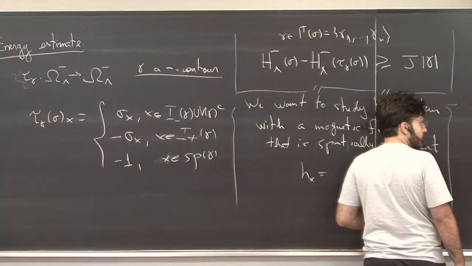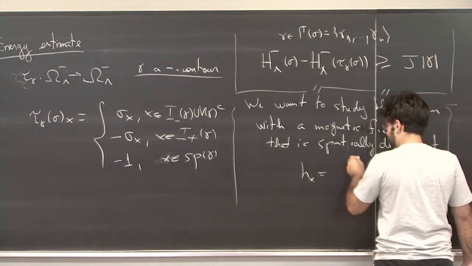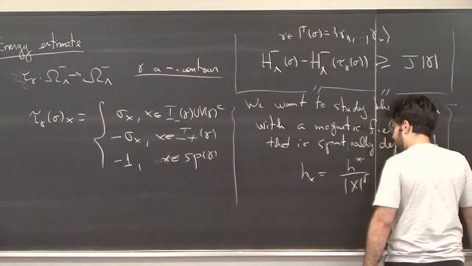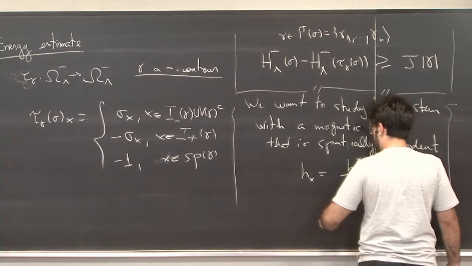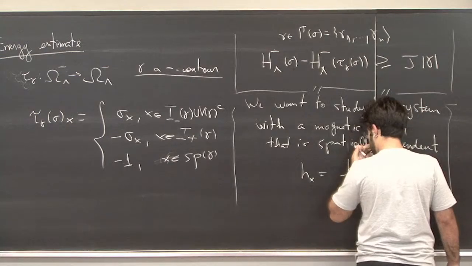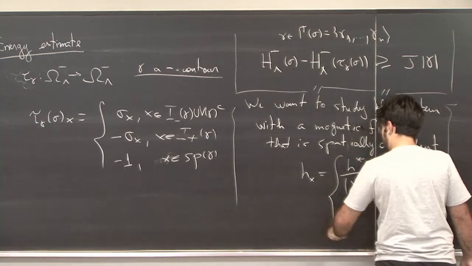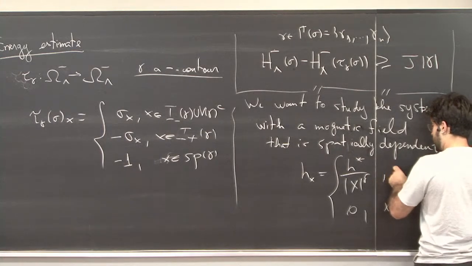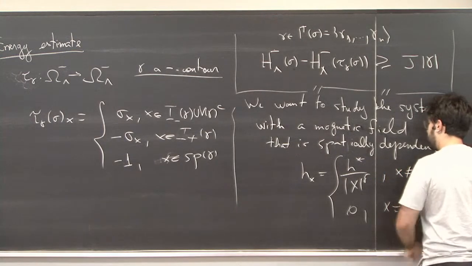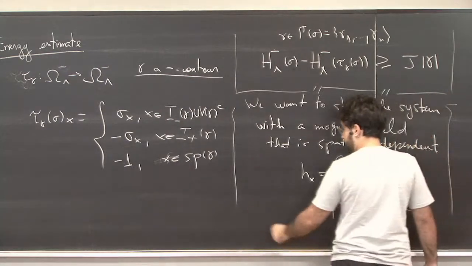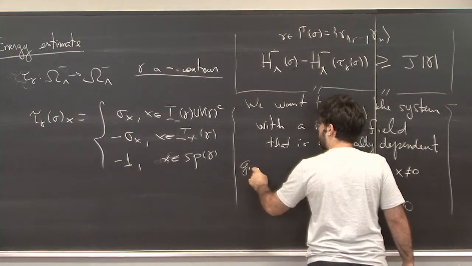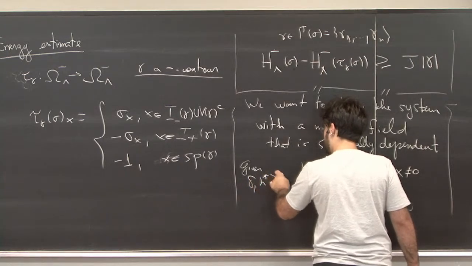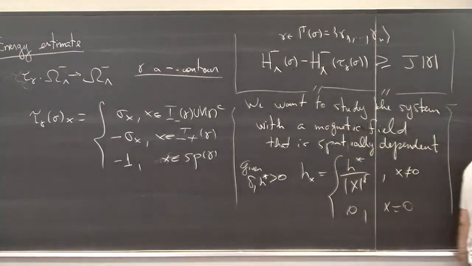It's a magnetic field defined through this expression right here, with delta, every time x is not 0, and both these constants, delta and h star, are positive real numbers.